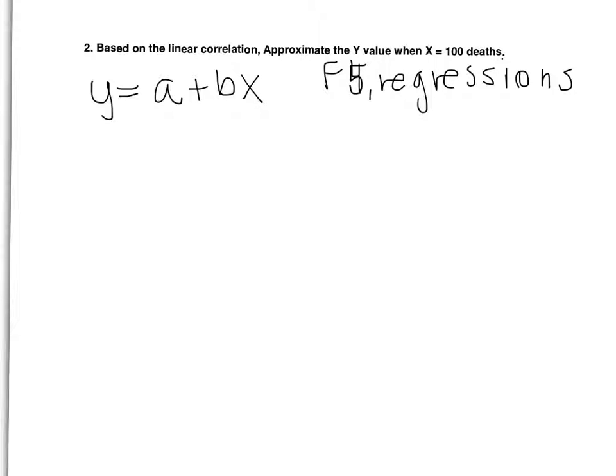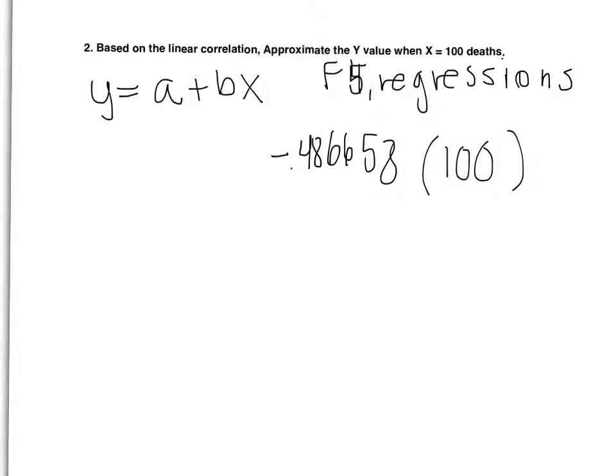And so based on that, you're able to approximate that when x equals 100 meningitis deaths, you can multiply it by b, which is found in the calculator to be negative 0.486658, and then a, which is 1,182.32.